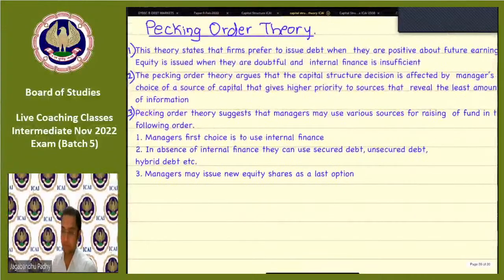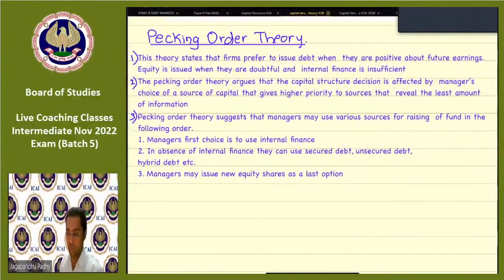Pecking order theory. This also talks about in what way the finance managers raise capital. So this theory states that the firms prefer to issue debt when they are positive about future earnings. Equity is issued only when they are doubtful and internal finance is insufficient.